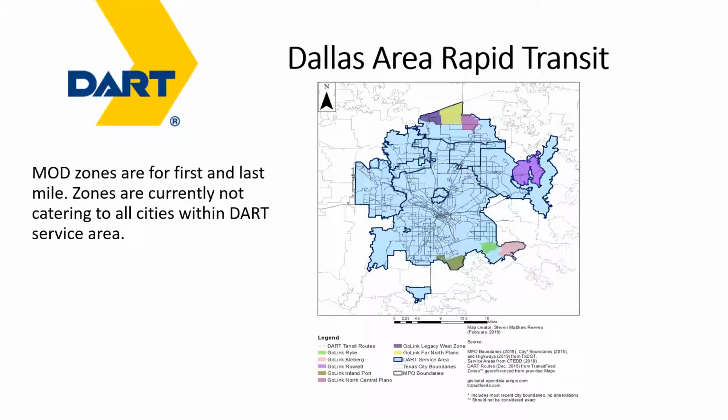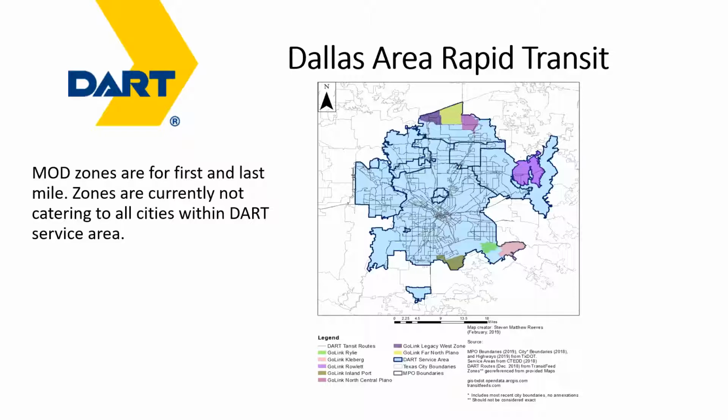At the Dallas Area Rapid Transit system, they're also providing a feeder service. We went into depth on this service as well, and they're providing services in each of the areas of this map that are a color other than blue.